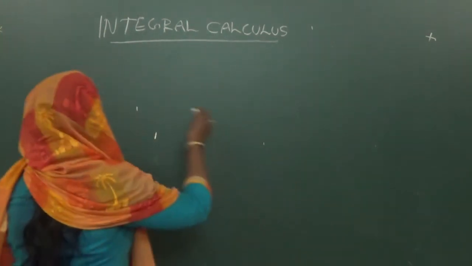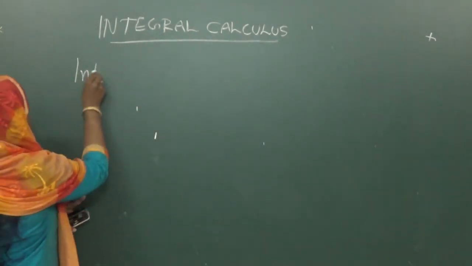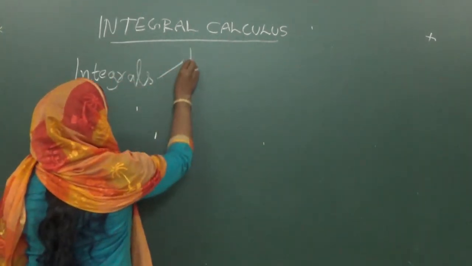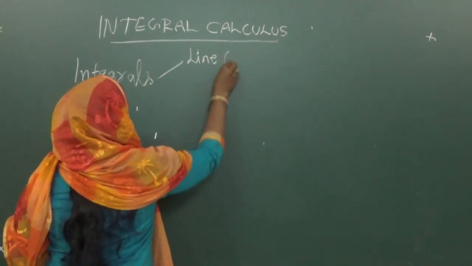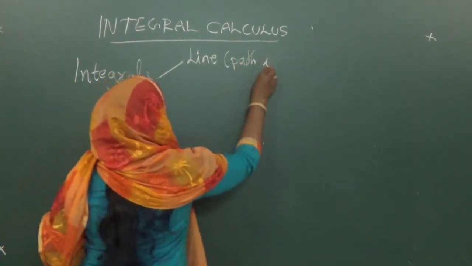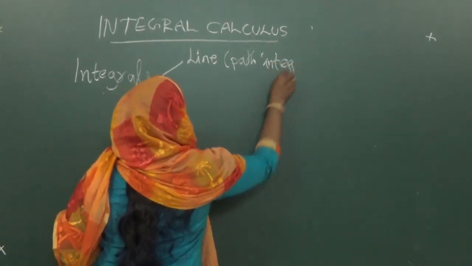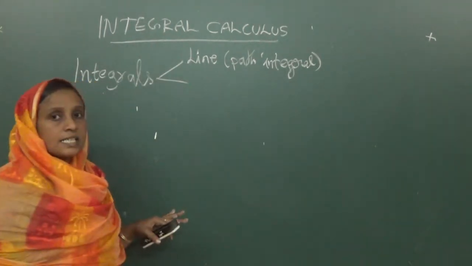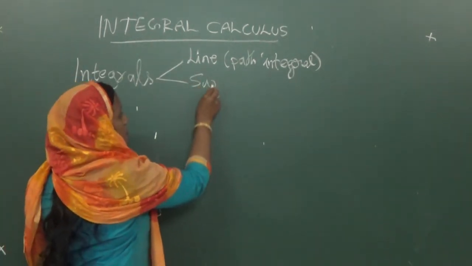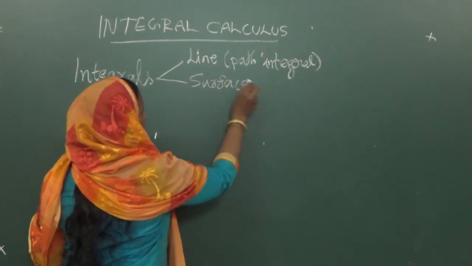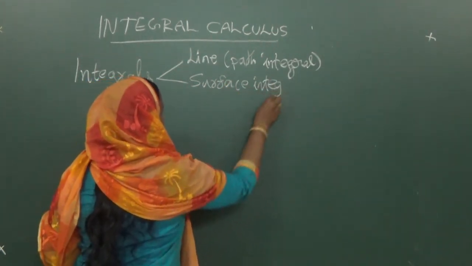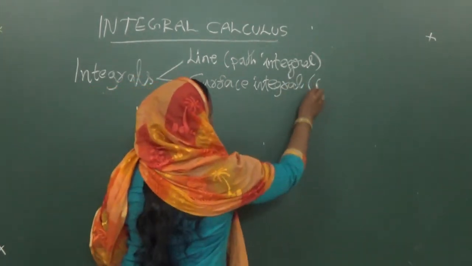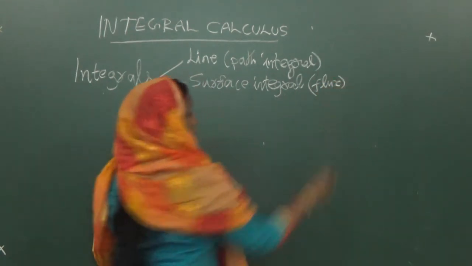The first one is line or path integral. The second one is surface integral, also known as flux.